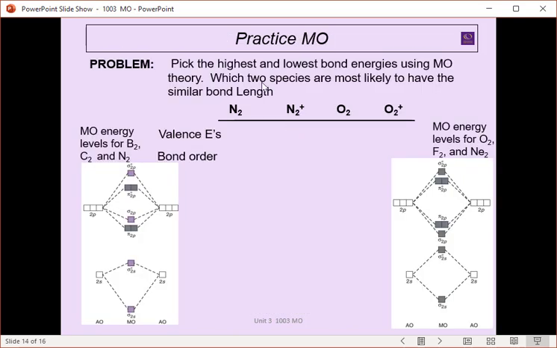So this will give you a chance to do a lot of practice. Now again, I just want to reinforce something. If you're given something with just single s atomic orbitals, something from the hydrogen family, something from the helium, something from the lithium family, those involve only s, then I expect that you could create the molecular orbitals.